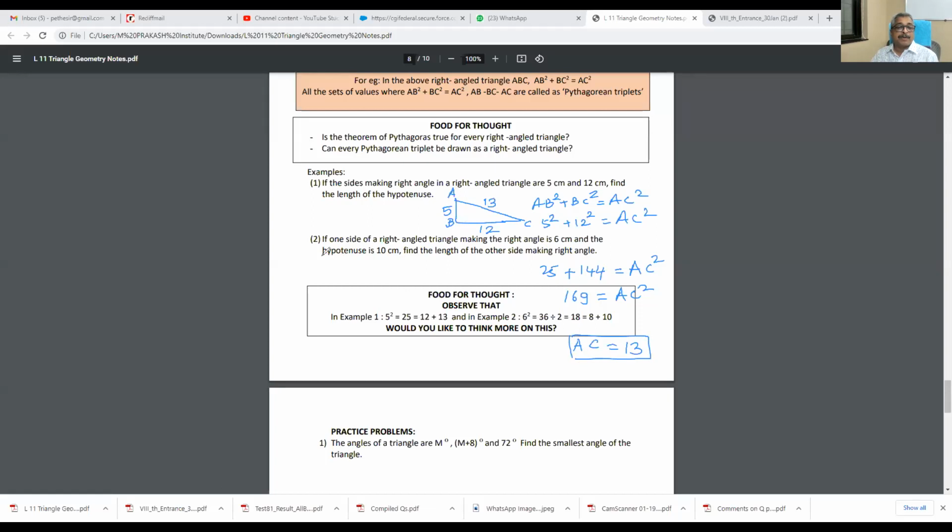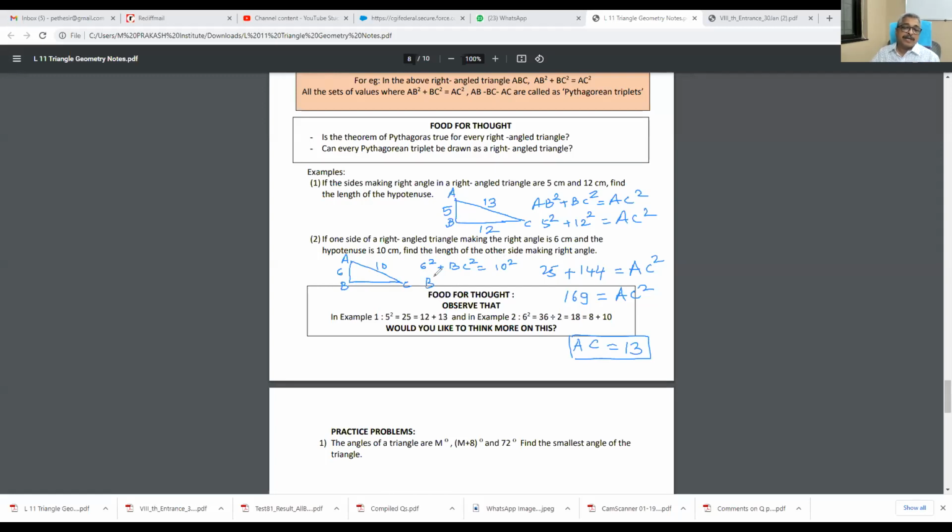Second problem: if one side of right angle triangle making right angle is 6 and the hypotenuse is 10. So in this case, one side is given to be 6 and hypotenuse is given to be 10. ABC triangle. So AB square is 6 square plus BC square is equal to 10 square. Correct?